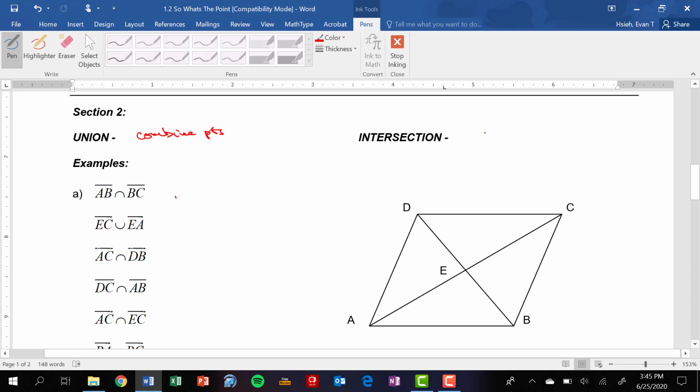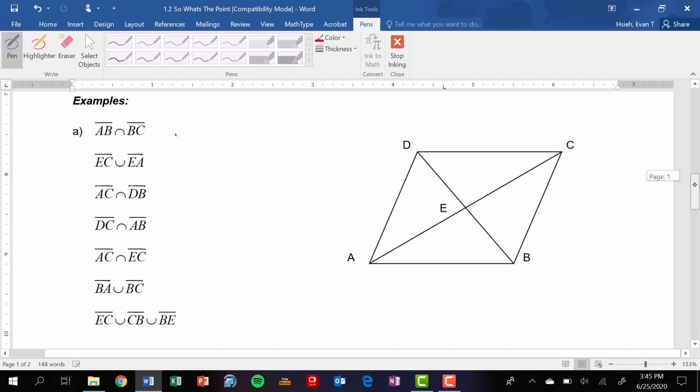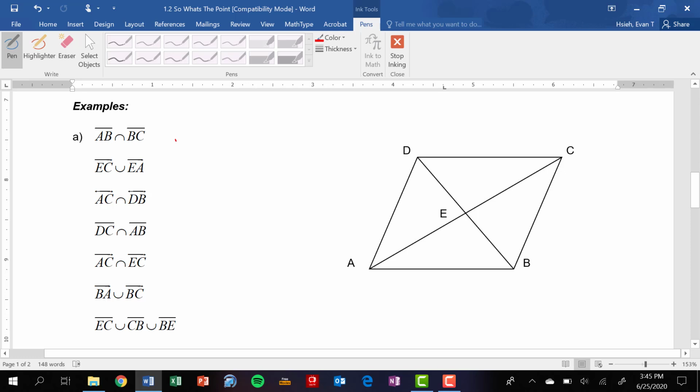Intersection is when you look at which points are overlapping. So, take a look at this. You want to intersect segment AB, which is this segment right here, with segment BC, which is this one right here. And hopefully you can see that the intersection is just going to be this point down here, point B.